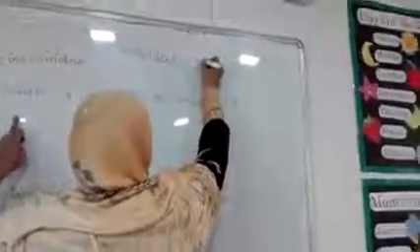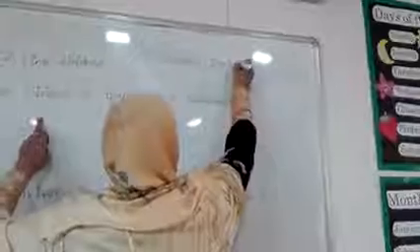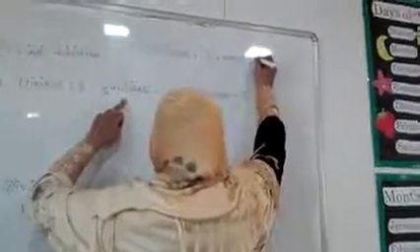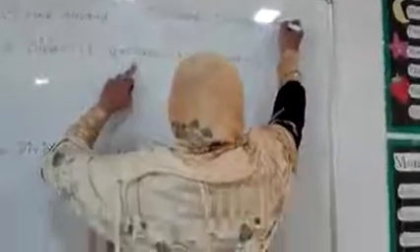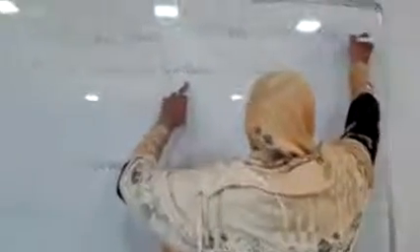Dividend is equal to divisor into quotient plus remainder. This is the formula for dividend. So how can I find the dividend for problem A?